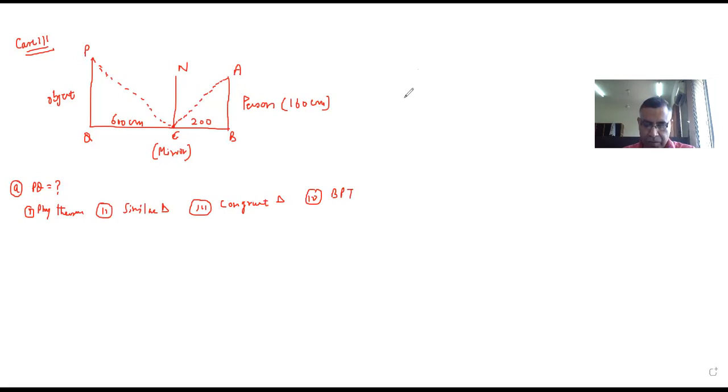So Dilpreet, you will give me the answer. Yes, sir. You have to find out PQ. Which concept should be used to find out the value of PQ? First option is Pythagoras theorem. Second is similar triangle. Third is congruency. And fourth is BPT.